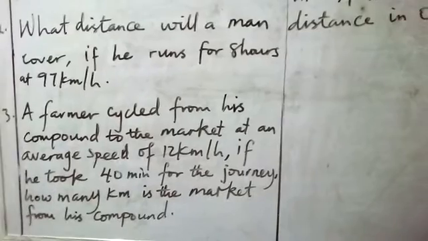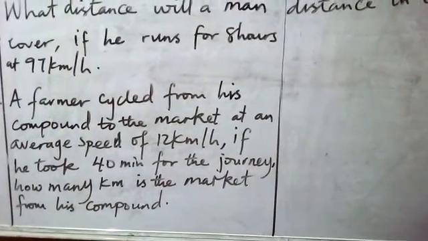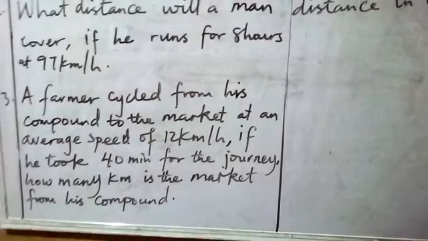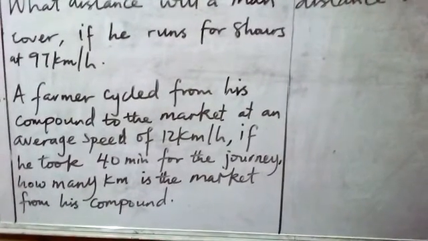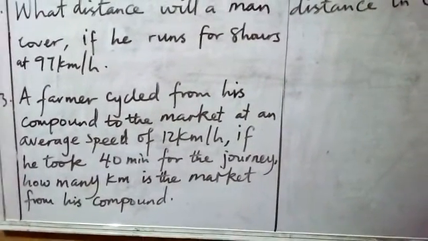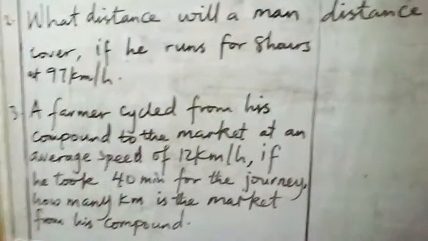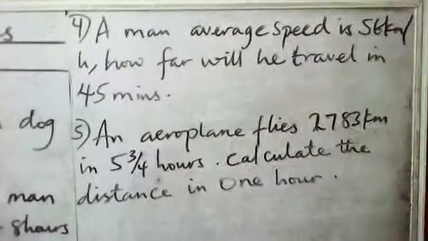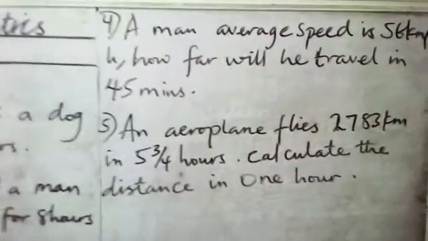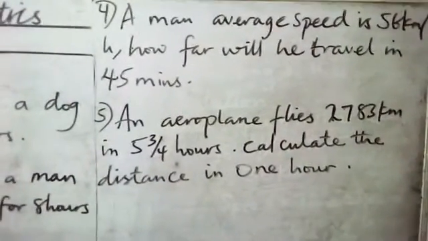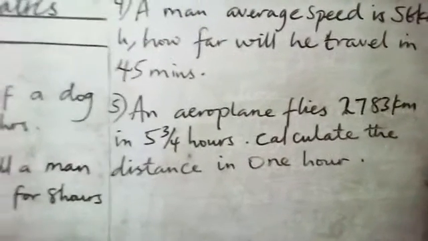Number 3, a farmer cycled from his compound to the market at an average speed of 12 kilometers per hour. If it took 40 minutes for the journey, how many kilometers is the market from his compound? Number 4, a man's average speed is 56 kilometers per hour. How far will he travel in 45 minutes?